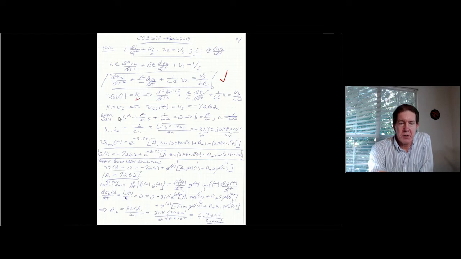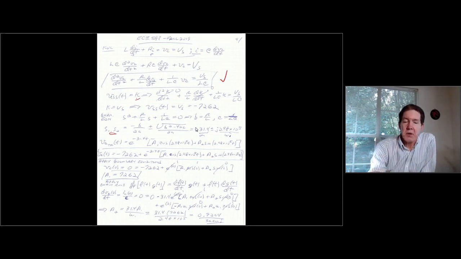So we have a different characteristic equation. The characteristic equation is s squared plus R over L times s plus 1 over LC. We set this up for solving a quadratic in order to get the roots of the characteristic equation. So if b is R over L, c is 1 over LC, and a is equal to 1, then I can find my roots by solving this quadratic equation.